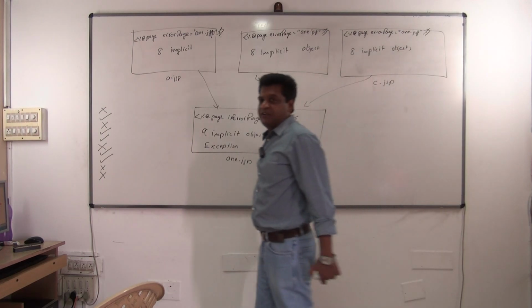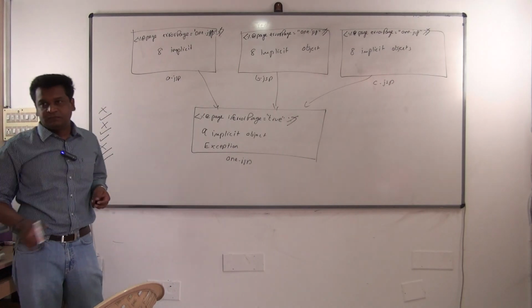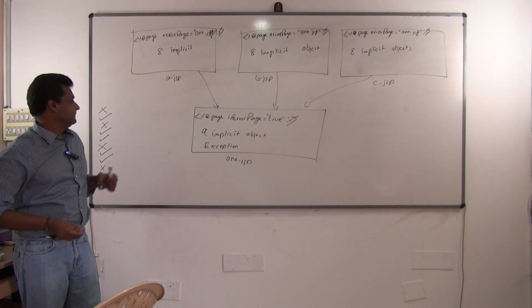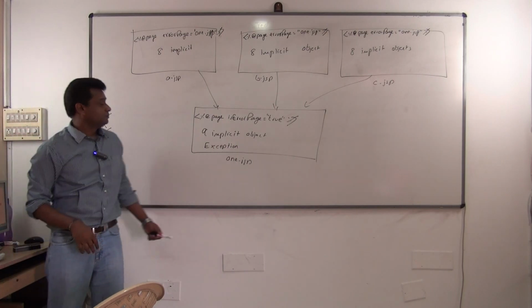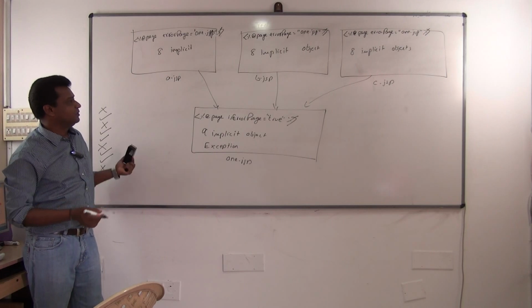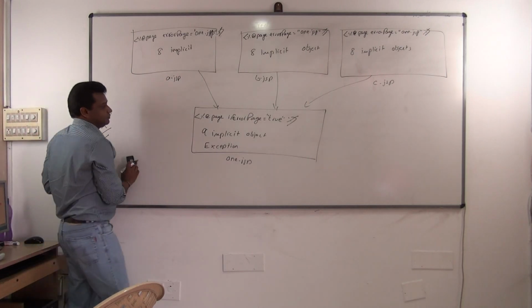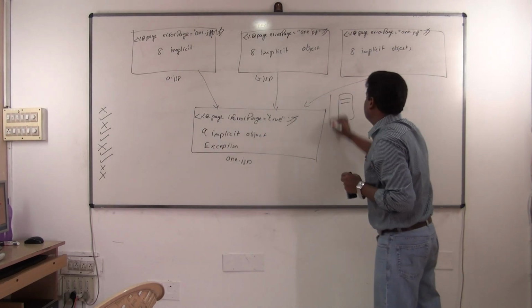Done? That's it. Very simple concept. This also I'll show you with an example. Shall I clear this now? Okay, here only I'll show it. See, this is my application.